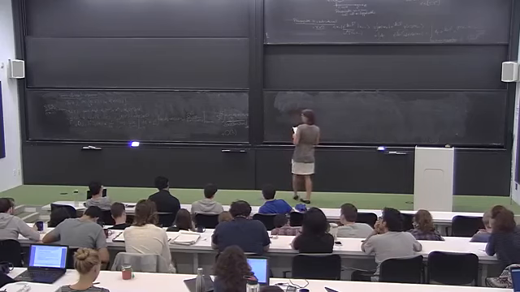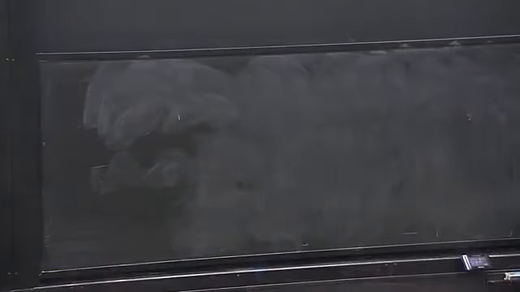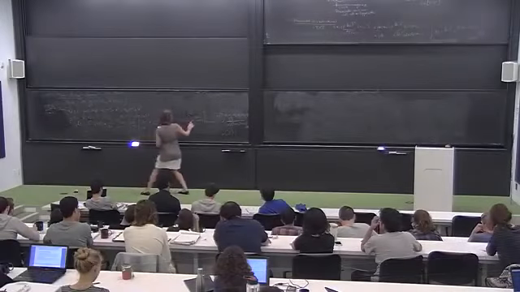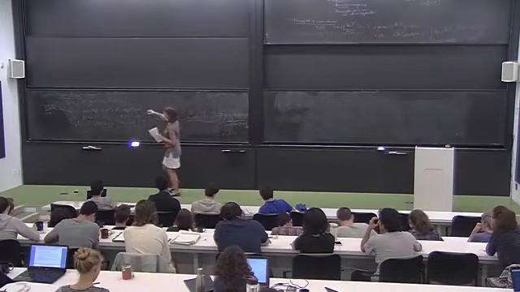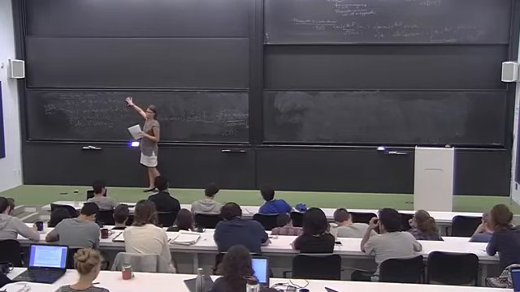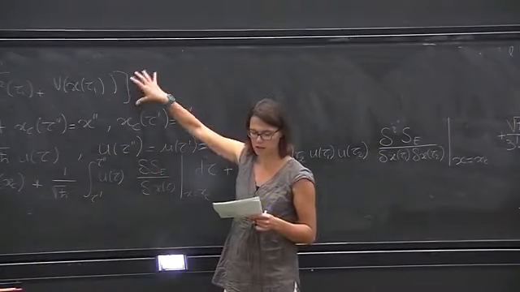So now I'm going to compute explicitly what all these terms are, in the case where we start with a classical action given by that, okay?